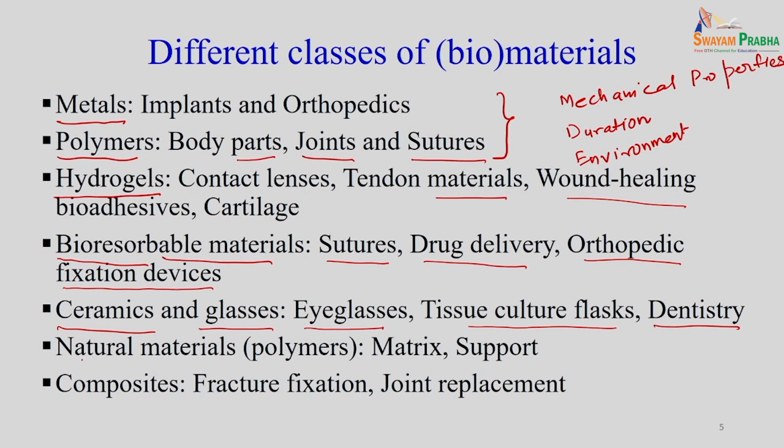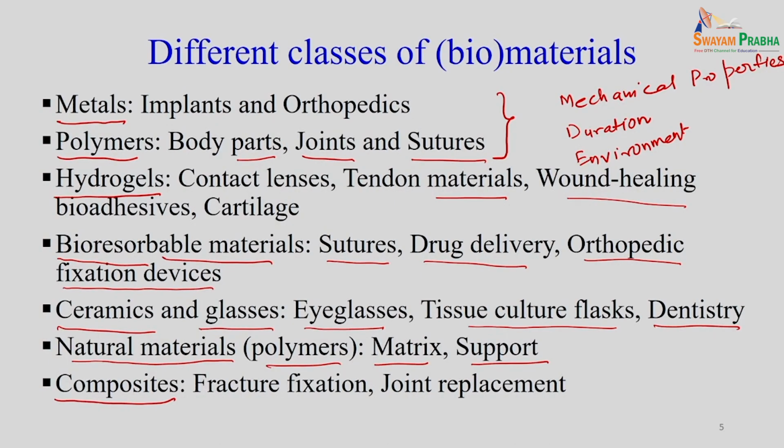Some natural materials, like proteins, silk protein, collagen, some natural polymers, natural carbohydrates, are also used as a matrix or support for the preparation of, let us say, scaffolds. Particularly if you just consider silk, silk is a protein which can be mixed with other polymers or hydrogels to improve its biocompatible properties, or improve its biocompatibility.